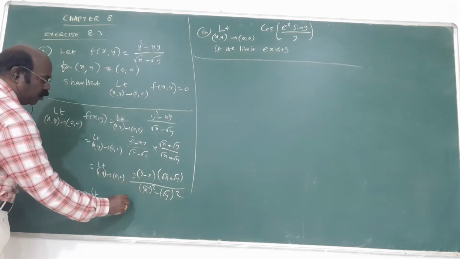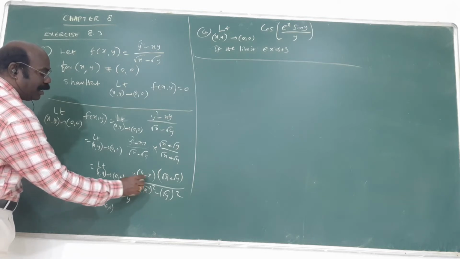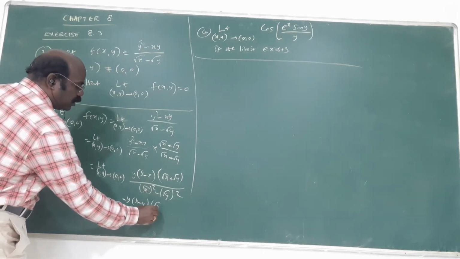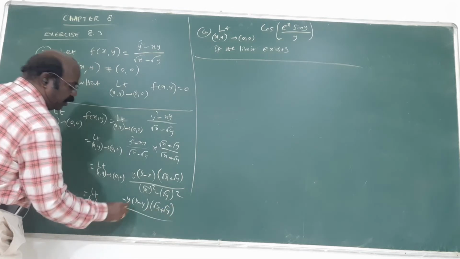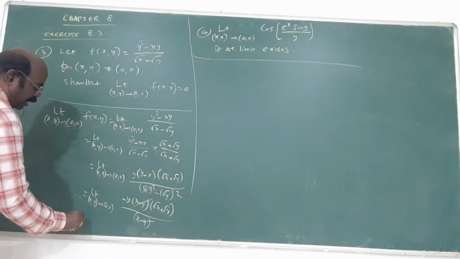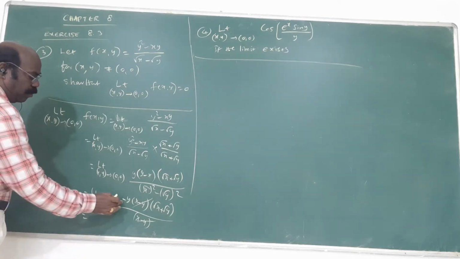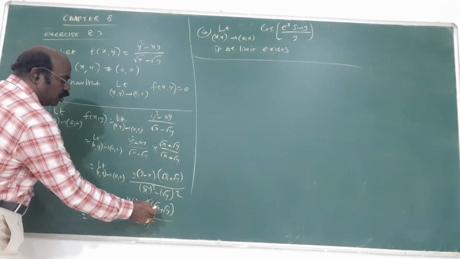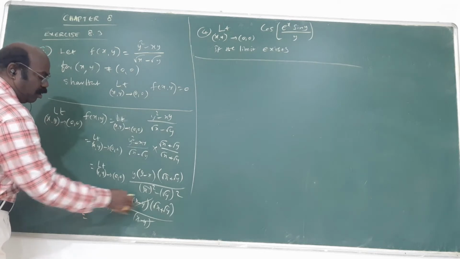This is given as y; you want to write x minus y, so automatically a minus will come. The root x plus root y divided by x minus y, you cancel. Now apply 0 minus y minus 0, the root 0 plus root 0, 0 plus 0 is 0. Here also minus 0. Only 0 is gone.